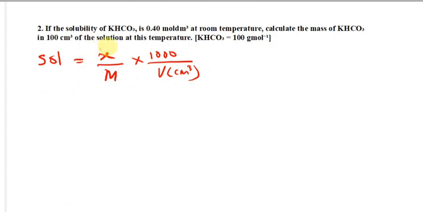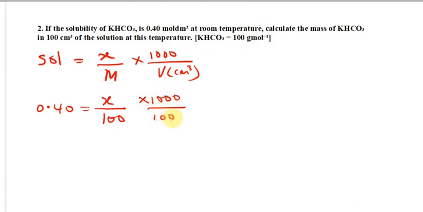So the solubility here is given as 0.40. So I'm going to have 0.40 equals, we're asked to calculate the mass, that's the reacting mass, which is x, divided by the molar mass, which is given as 100 gram per mole, times 1000 divided by 100.